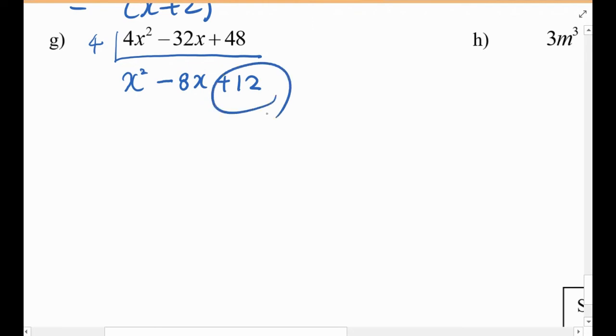Since it's positive, the two numbers can be both positive or both negative. Because this is negative 8, I'm going to choose two negative numbers, negative 6 and negative 2. When you multiply negative 6 and negative 2, it becomes positive 12. And when you add them up, it becomes negative 8. Okay?